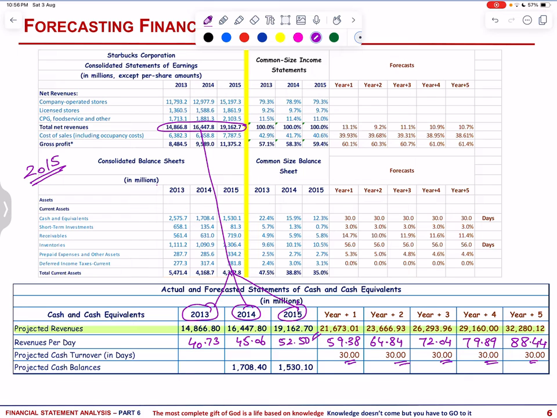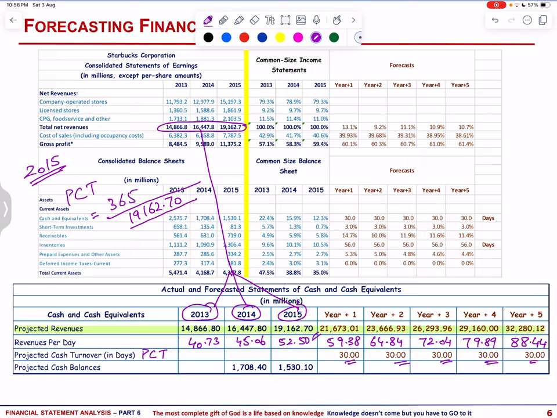Now the projected cash turnover is equal to 365 days divided by the projected revenue, or rather for 2015 the actual revenue, that is 19,162.70, and this will be divided by the average projected cash balance.